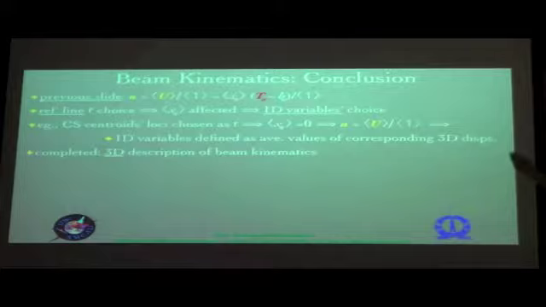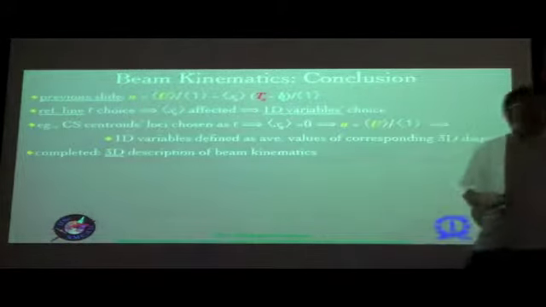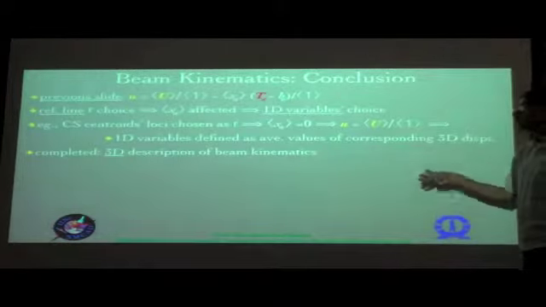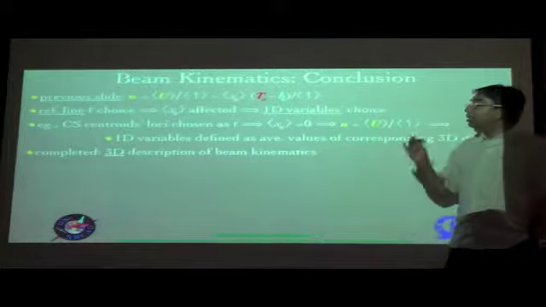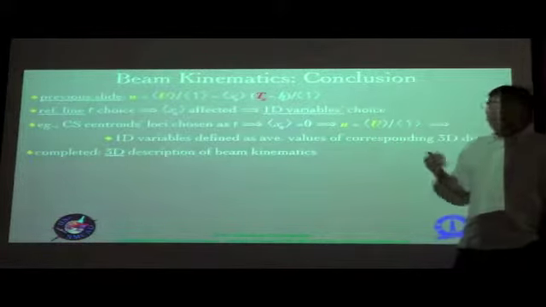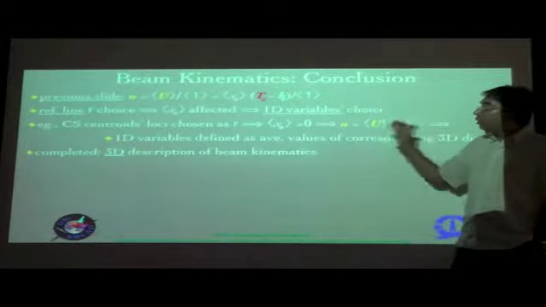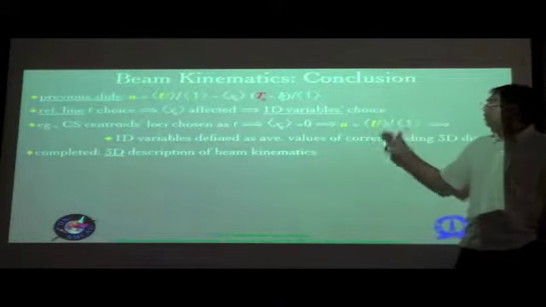Then with this we have completed the entire three-dimensional description of beam kinematics, and this is not the only way you have to do it, but we have looked at a way we can do it, and we have looked at various alternatives which are available to the mathematical modeler, depending upon what he or she is looking for, and those changes can be made.